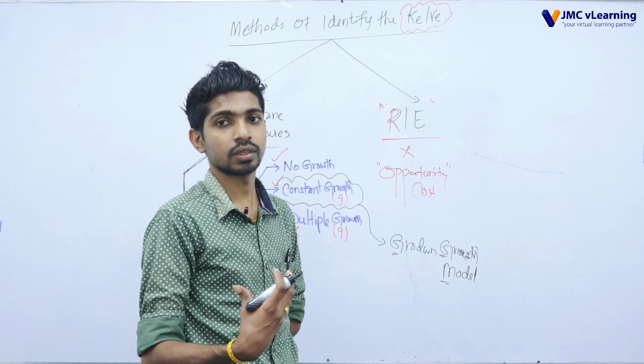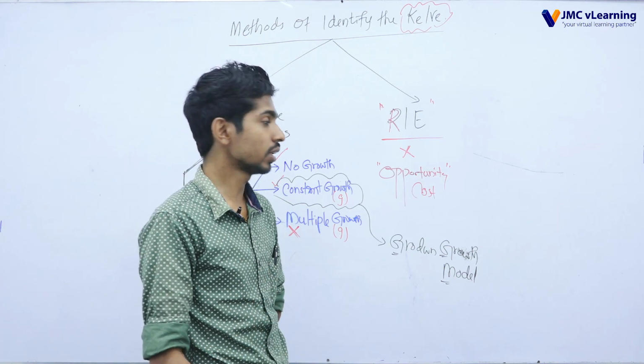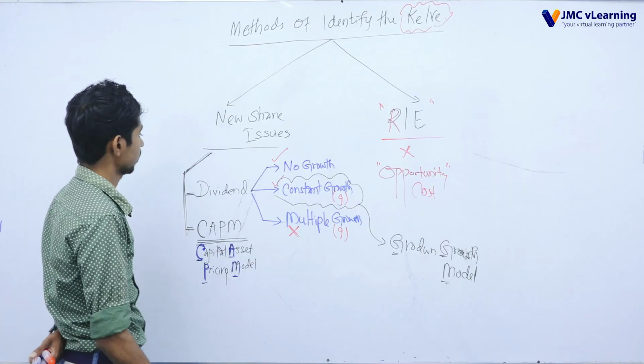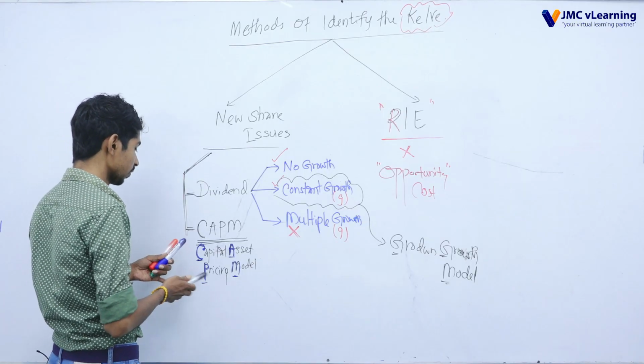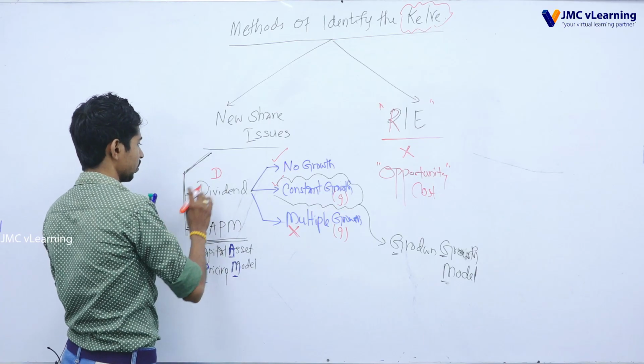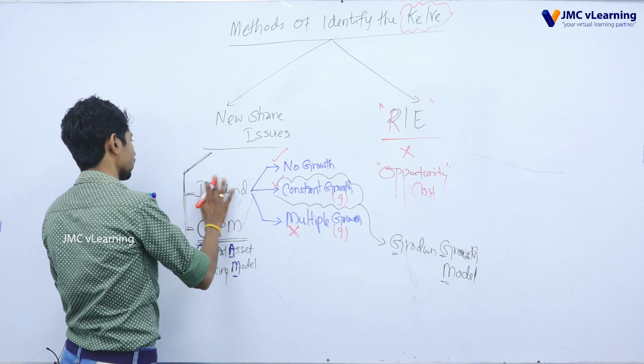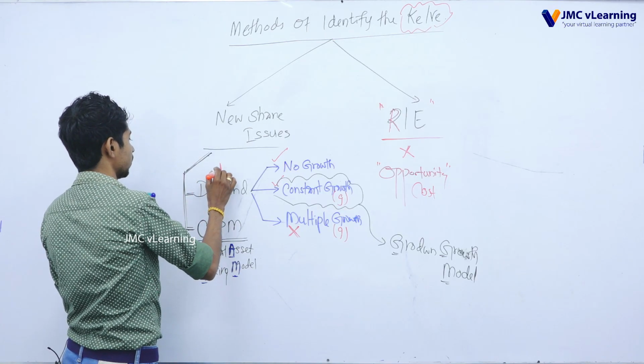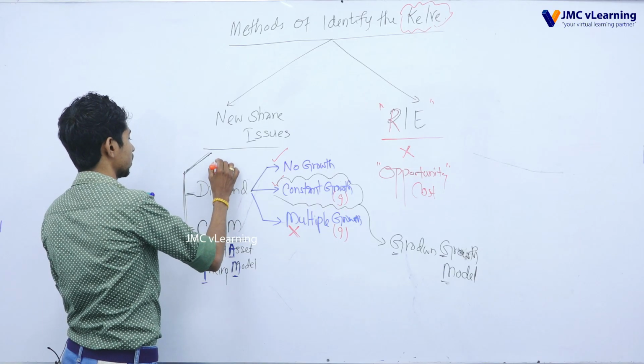That is the person who identified that technique. Okay, based on the dividend. Normally for dividend we could use capital D, but here, to make it easy to identify, we will use simple D to mention the dividend.